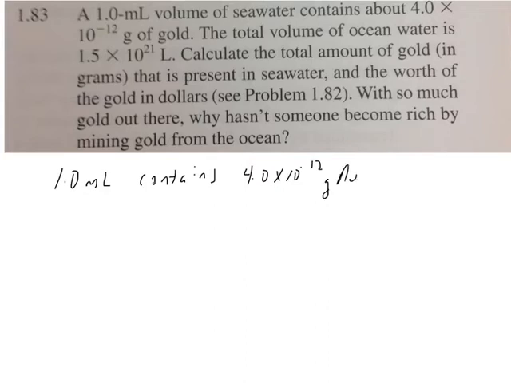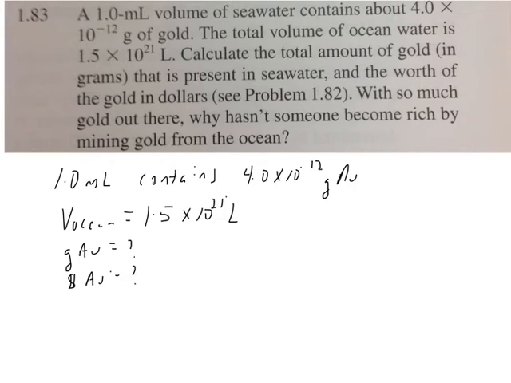And we know that the volume of the ocean is equal to 1.5 times 10 to the 21st liters. So we want to know what is the mass of the gold in the ocean, and also what is the price, so the dollars of gold.